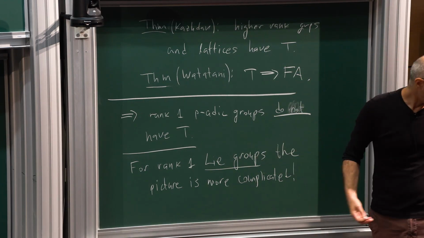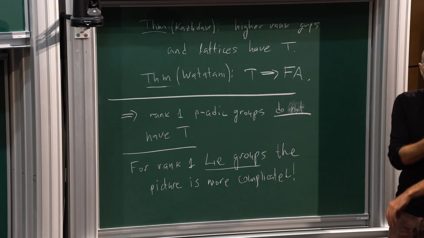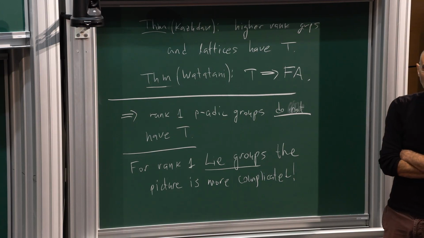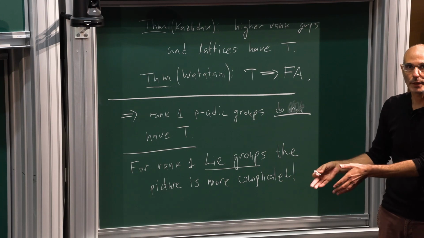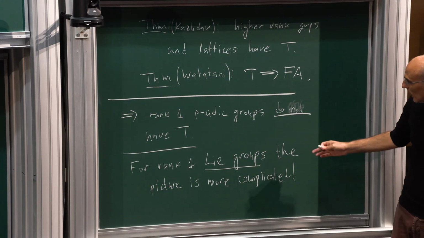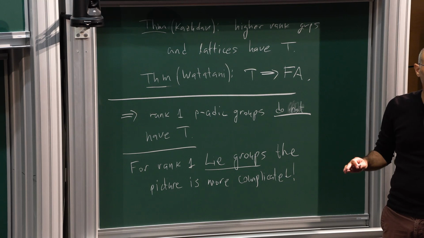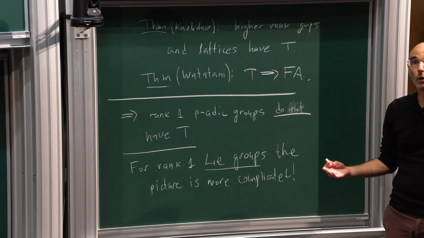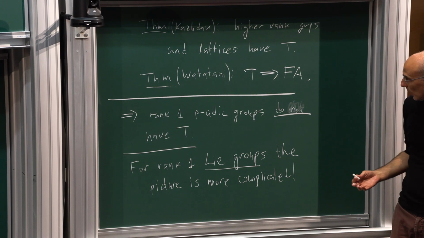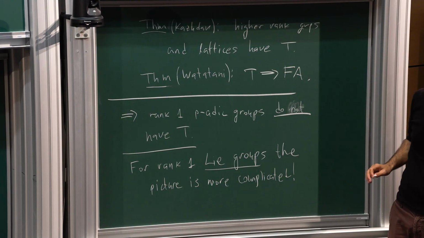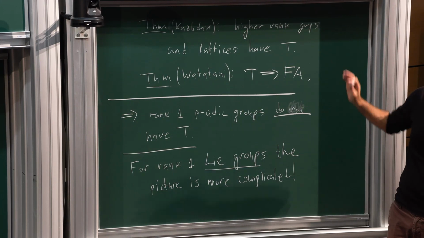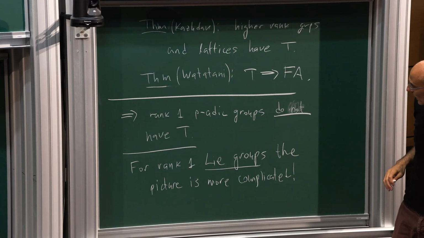So there are 4 classes of simple Lie groups of rank 1: SO(n,1), SU(n,1), Sp(n,1), and F4. And SO(n,1) and SU(n,1) do not have property T. Sp(n,1) and F4 do have property T in the sense that I wrote, but not in stronger senses that I will explain in a few minutes.